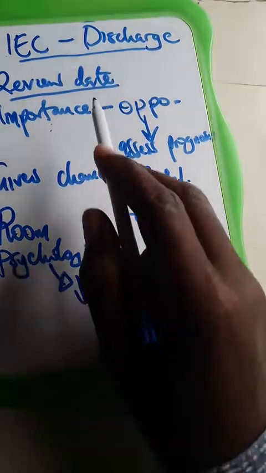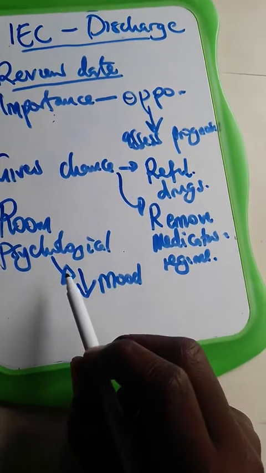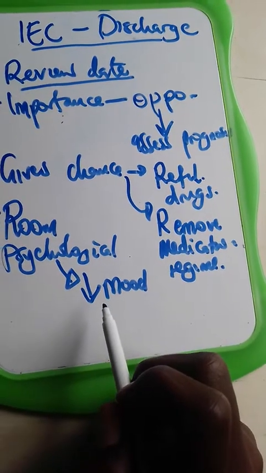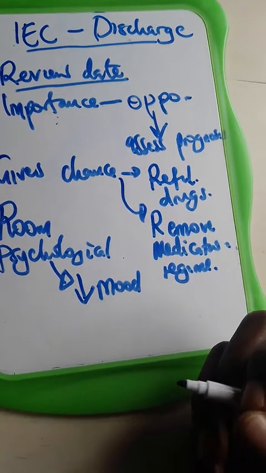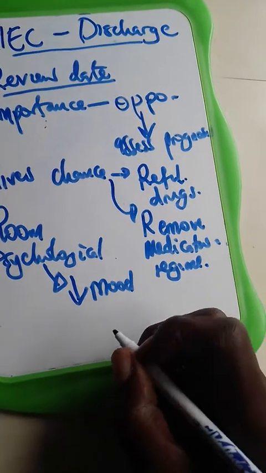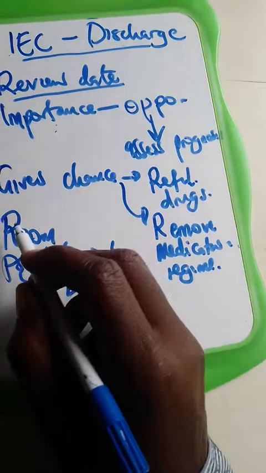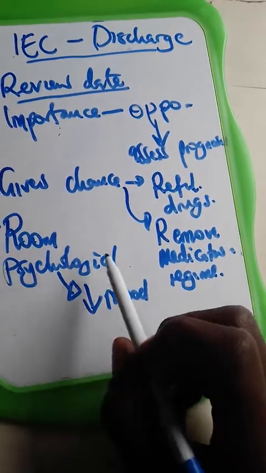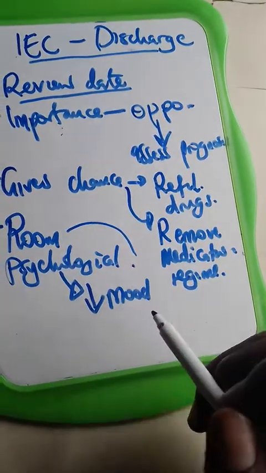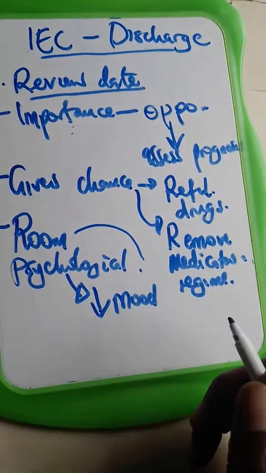So this review will give them room for psychological support so that the healthcare personnel works on their mood swings. So it's very important you should explain to the patient about psychological support when they come for review.